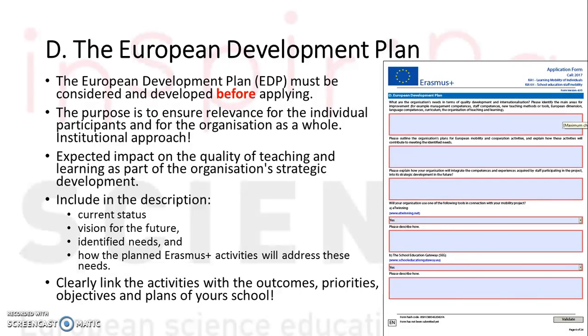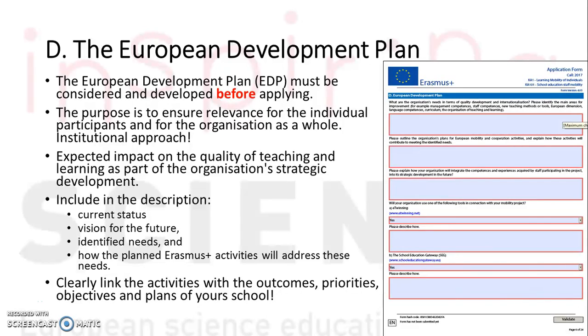And how are the Erasmus Plus activities helping you achieve this vision? So here you have the chance to clearly tell a convincing and compelling story where you connect the vision with the outcomes, with the priorities of the program and the objectives and plans of your school.